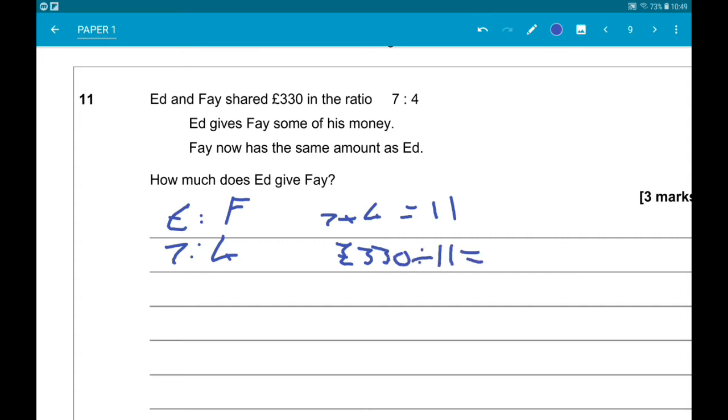Now 33 divided by 11 is 3, so 330 divided by 11 is 30. And then multiply both sides of the ratio by that, we are going to get 210 to 120.